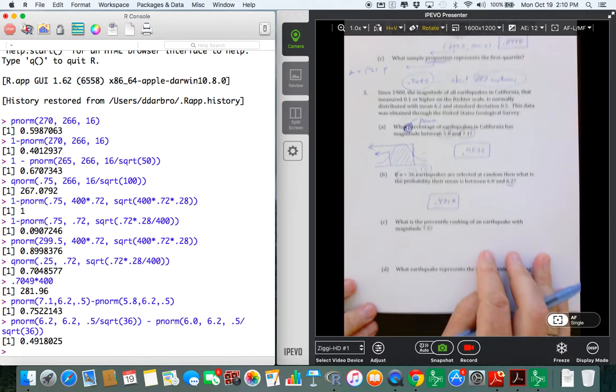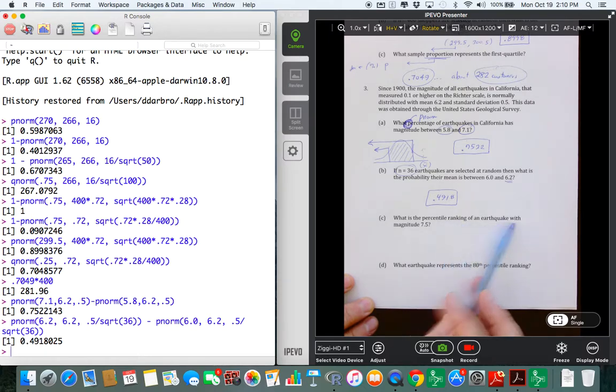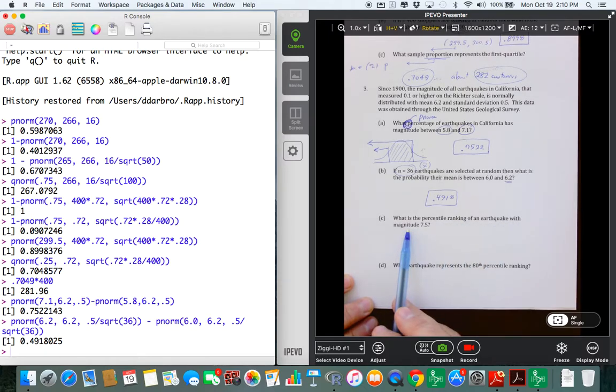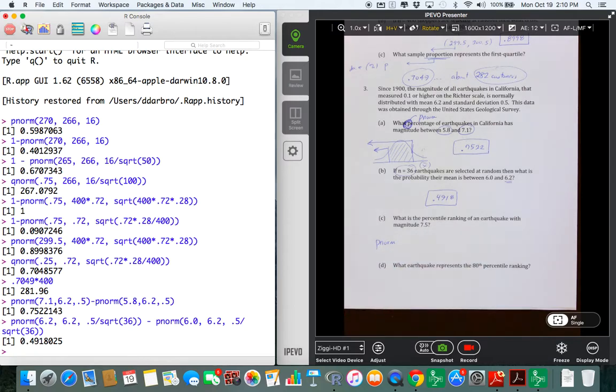Now, what is the percentile ranking of an earthquake with magnitude 7.5? Starts with a P, right? We're trying to find something that starts with a P, so we know we're going to use P norm. So P norm again. Percentile ranking is just the percentage below, so I just put in my score, my mean, and my standard deviation.